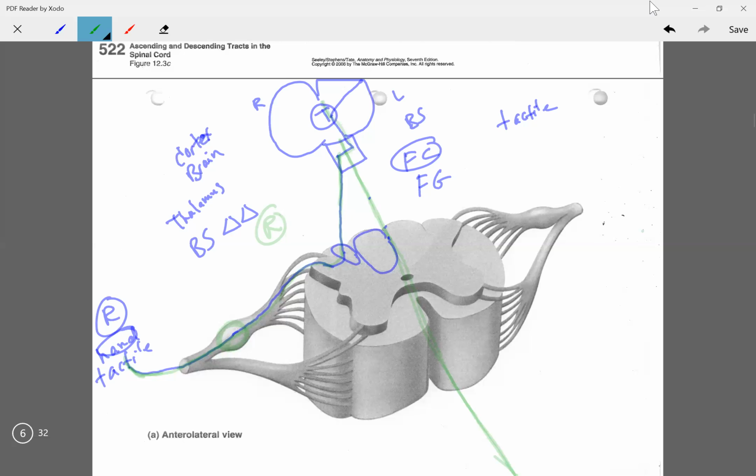Has to go through the thalamus to the appropriate level of the cortex. Now, the appropriate level of the cortex means it could be the foot part, it could be the knee part, your trunk part, your arm, and so on. The sensory cortex in the brain has very specific locations to sense the different parts of your body.